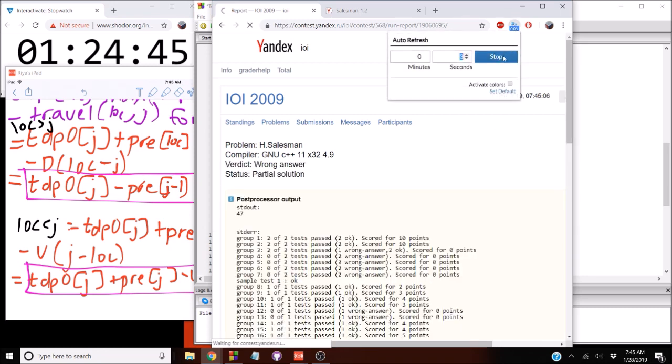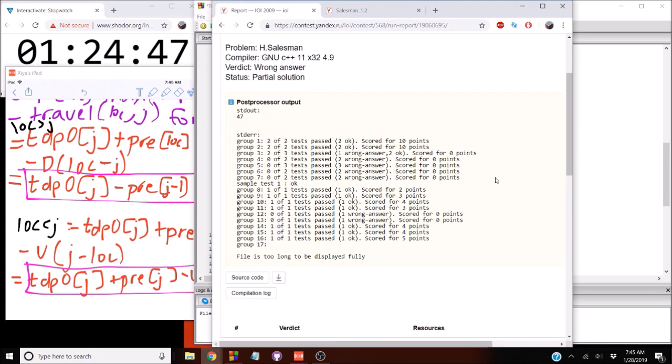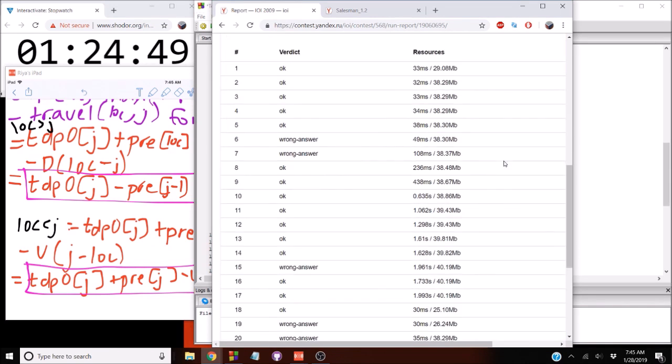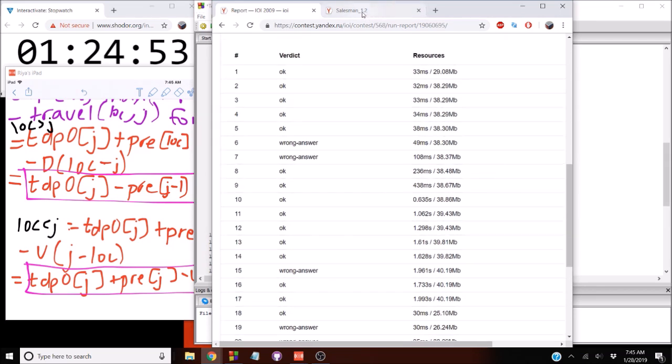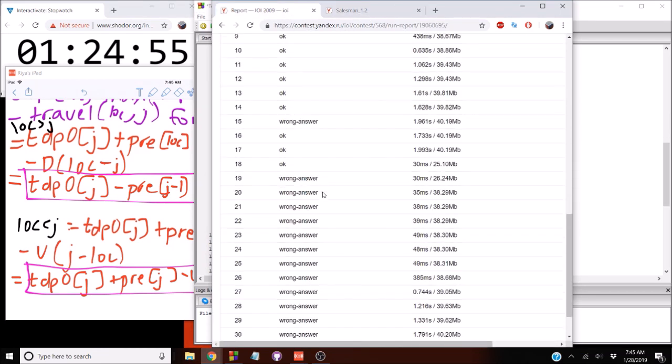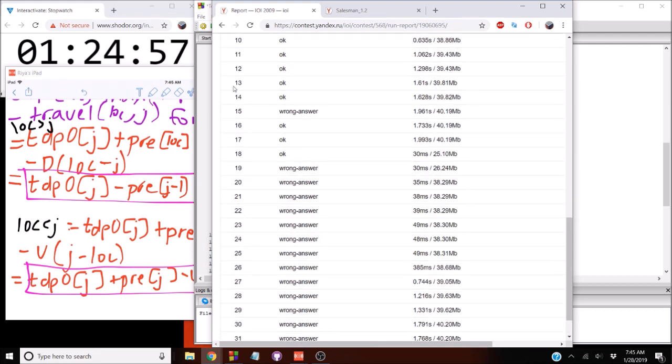Okay, so looks like I got some right, some wrong. Oh, no TLE, which is a good thing. It looks like up to 18 out of 30. Got most of them.